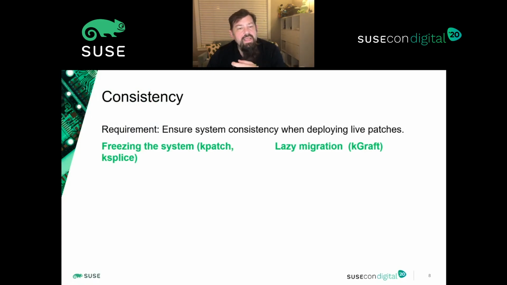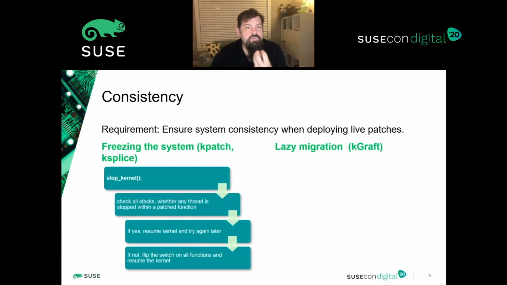We're going to look at how Kpatch did it, how Kdrat did it, and how we've come together to achieve it in KLP. So let's take a look at the Kpatch side of things. They did a process where they would halt the kernel to check the stacks, do the stack unwind using that DWARF process that we talked about, to make sure they found all of the functions that needed to be updated, got them updated, and turned it on.